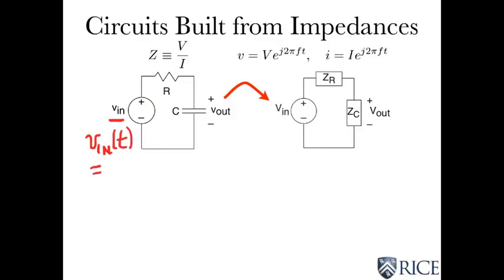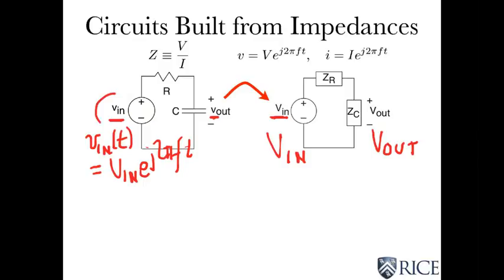We're assuming that's Vn e^(j2πft). This is a lowercase v, which we know is going to be an uppercase V out e^(j2πft). So these are uppercase and these are lowercase.